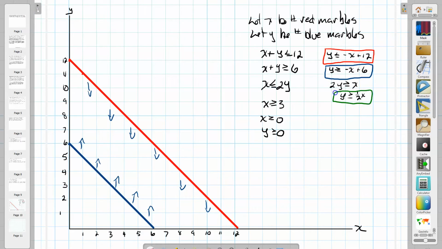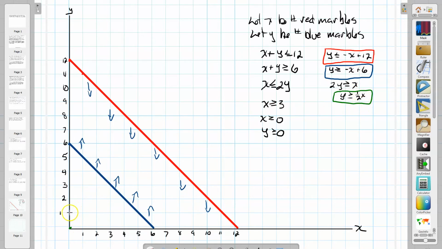Looking at our third constraint, y greater than or equal to 1/2 x. In this case, the b value is 0. In the y equals ax plus b form, there is no b value here, and when there's no b value, we can assume it is 0, which gives us a point at the origin. Our slope is 1/2, which we can always see as rise over run, so we've got a rise of 1 and a run of 2.